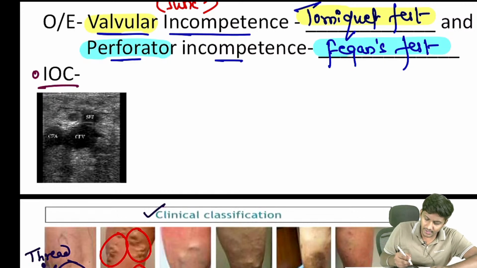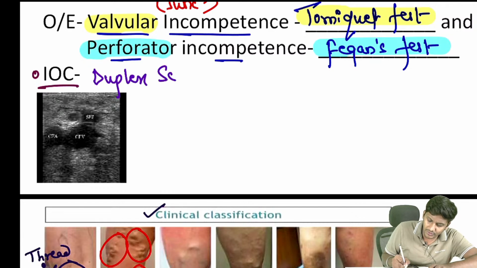Duplex scan itself. ठीक है? So investigation of choice will always be the duplex scan here also.